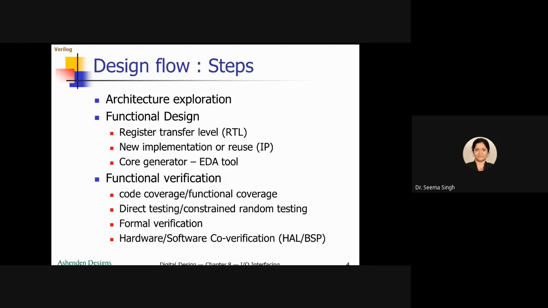So when I talk about verification at a higher level, we will have to focus on interaction among components. For example, we have to check whether it is adhering to the protocols or not. These are the basic things which you should understand under functional verification.